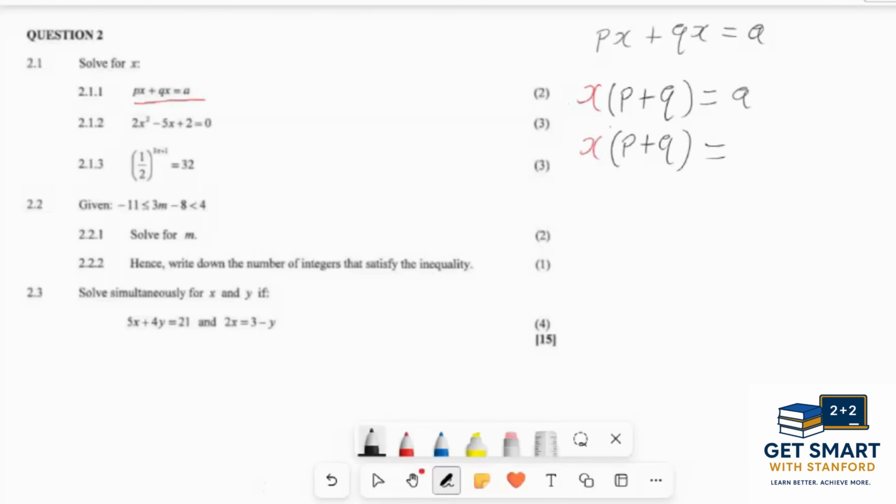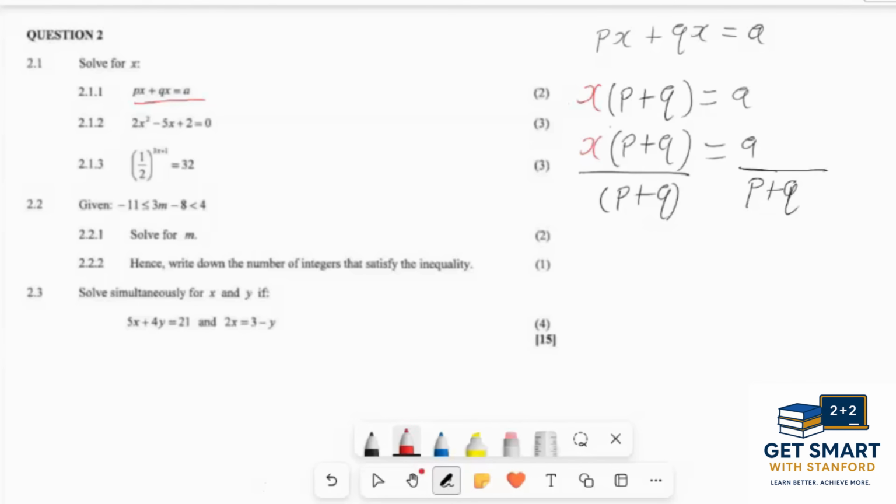Actually, I should have done this in the same step, and we divide both sides by p plus q, because what you do on the left hand side also needs to be done on the right hand side.